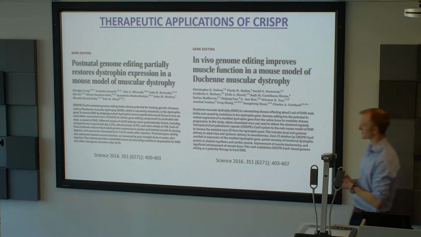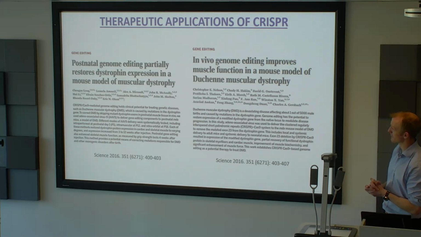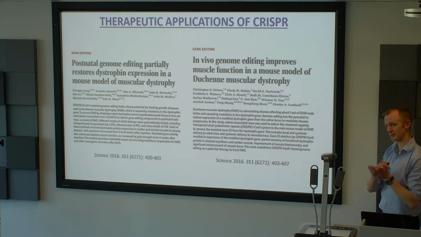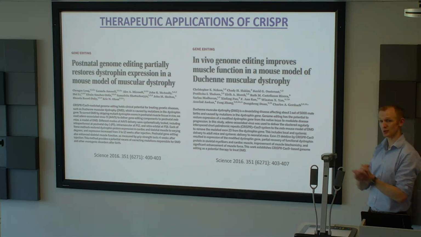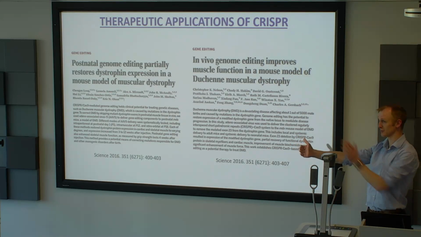Some of the potential of CRISPR applications in curing diseases: 2 papers appeared in Science back to back just over 2 years ago, in mice who have the mouse version of muscular dystrophy. In humans, muscular dystrophy is a muscle wasting condition caused by a genetic defect in the dystrophin gene. It's a very, very big, long gene, and there's multiple types of mutations.